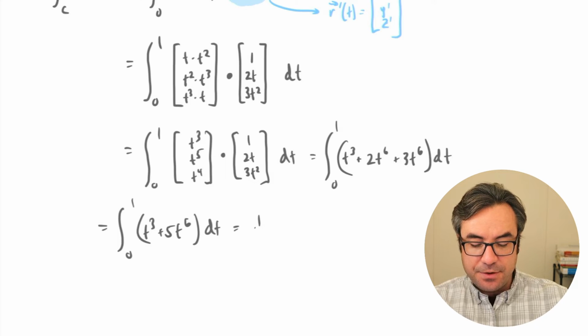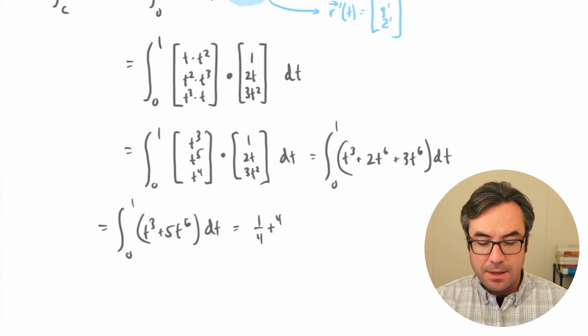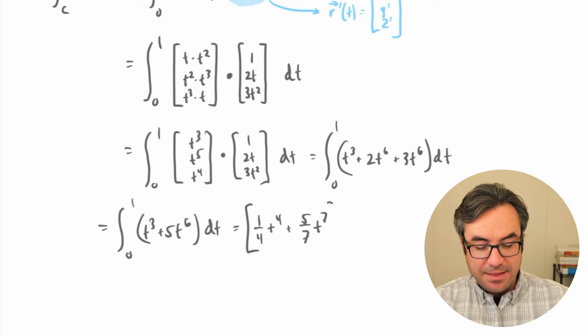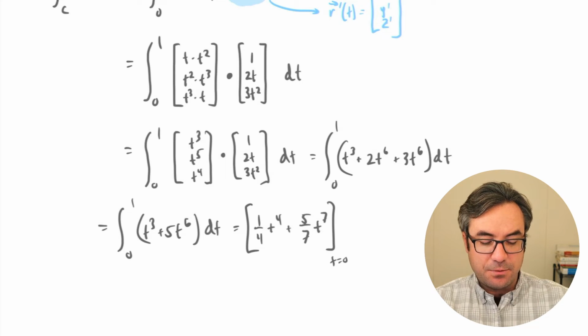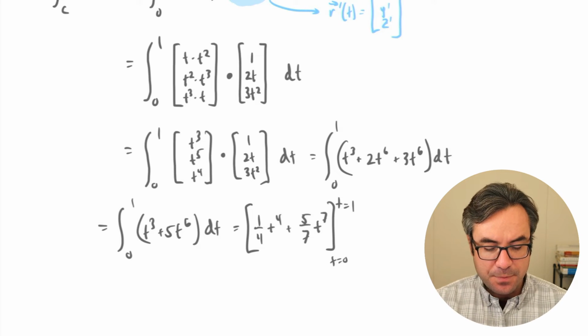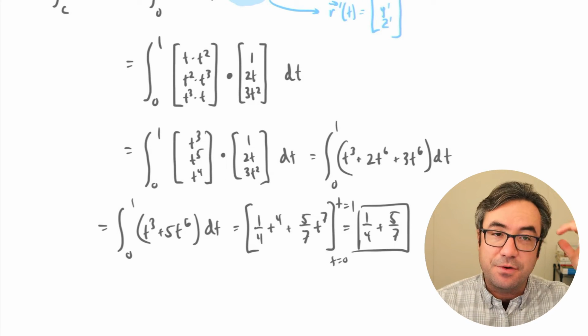Getting the antiderivative, we end up with 1 over 4 t to the power 4 plus 5 over 7 t to the power 7, evaluating from t equals 0 to t equals 1. When we plug in, we end up with 1 over 4 plus 5 over 7. And there's the value of our line integral.